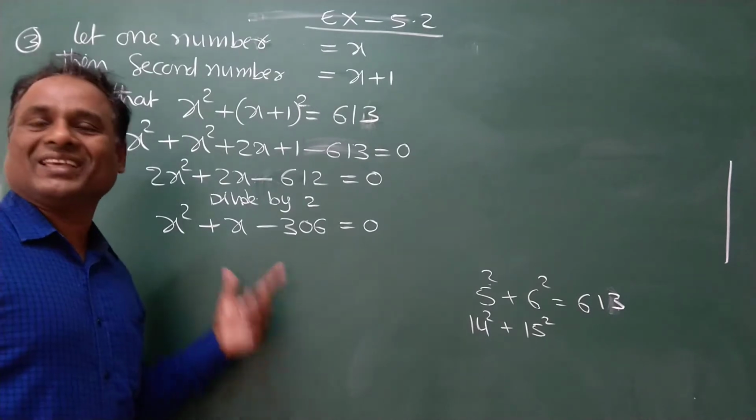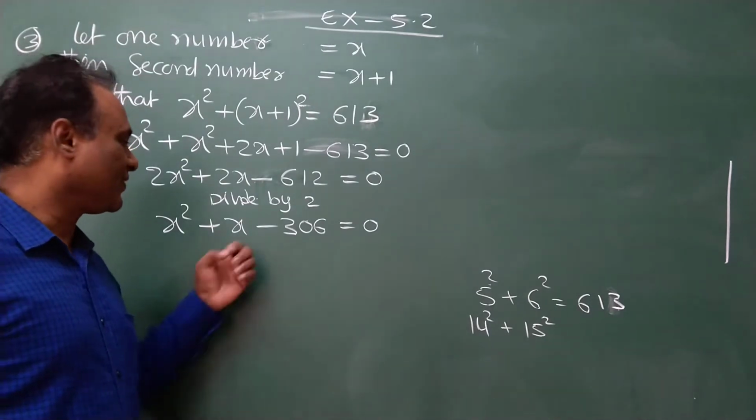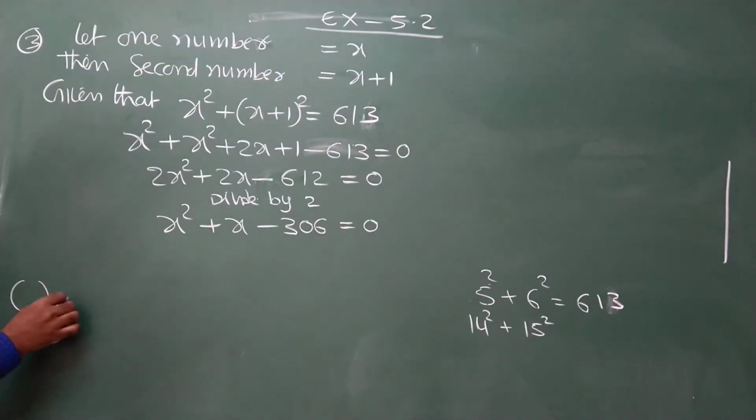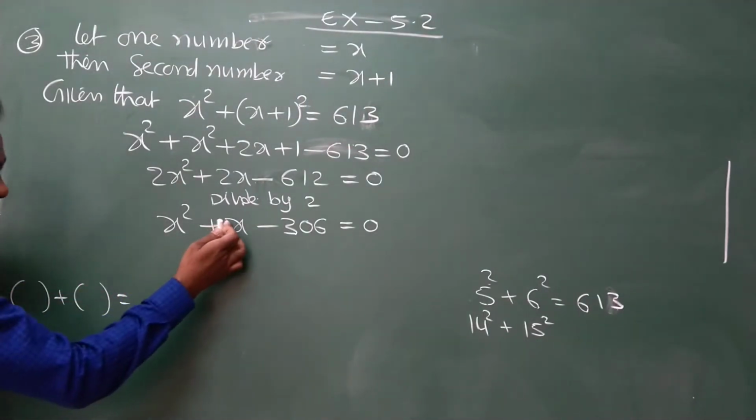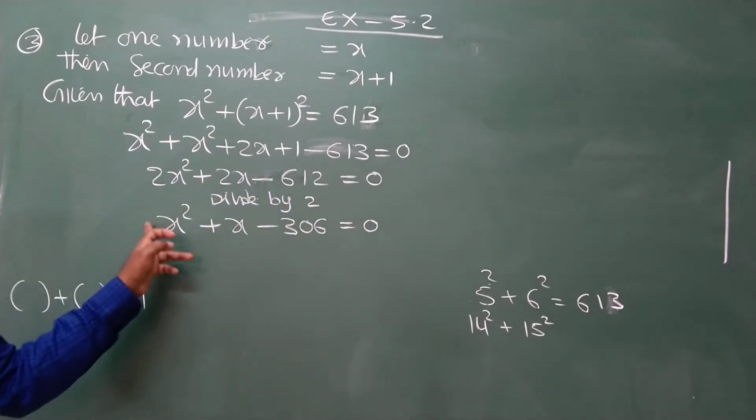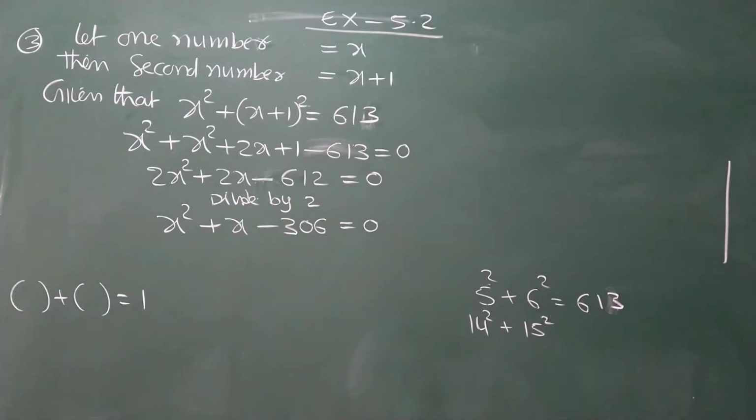Now solving the equation. Tell me two numbers whose sum should be 1 and product should be minus 306. Choose the numbers, students.